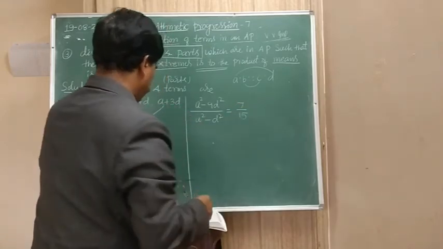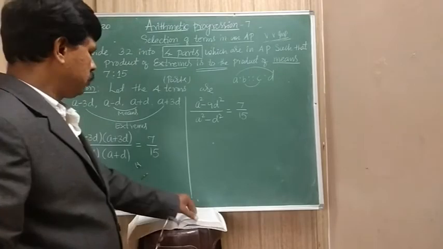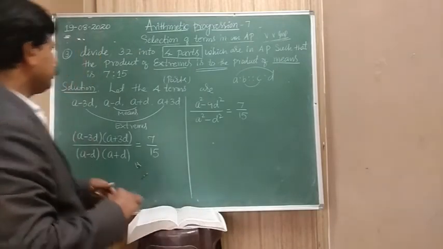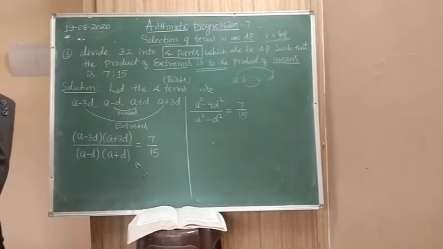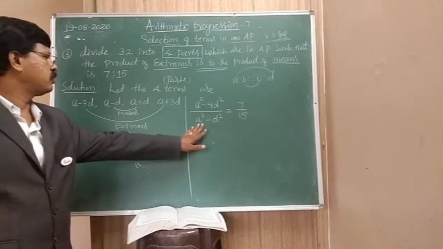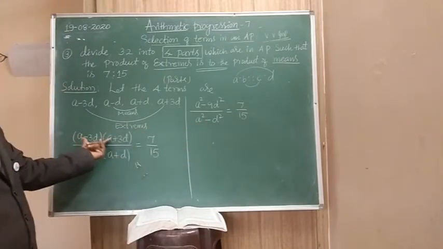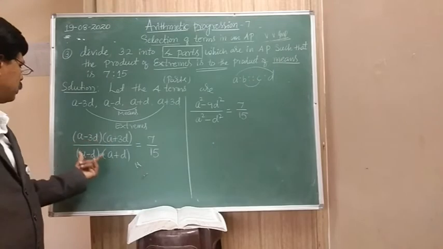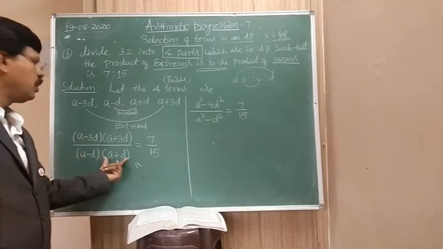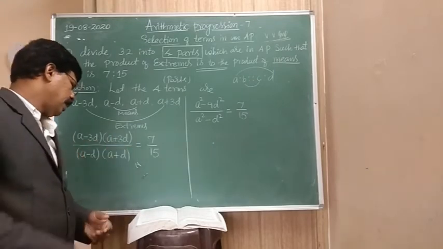Look at how the terms are written: a square minus 9d square by a square minus d square. This is a minus d into a plus d. You write it like that.